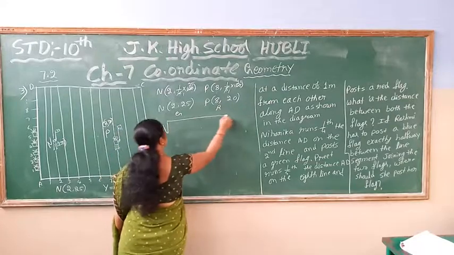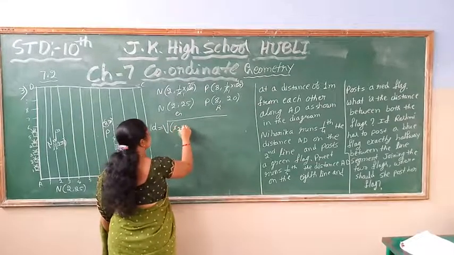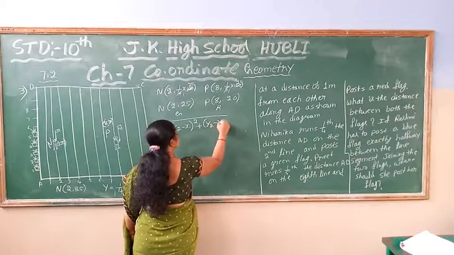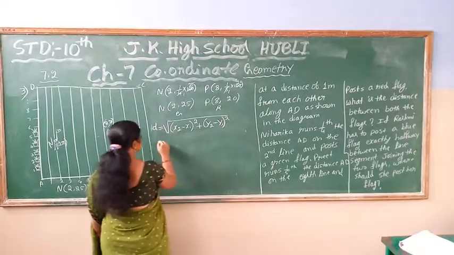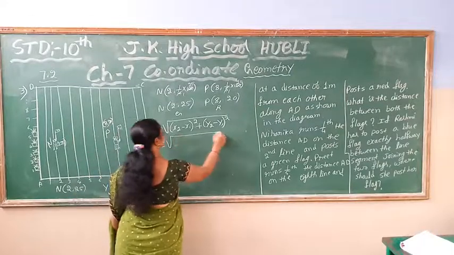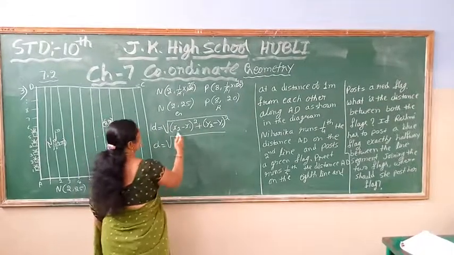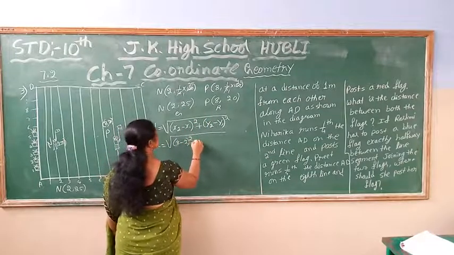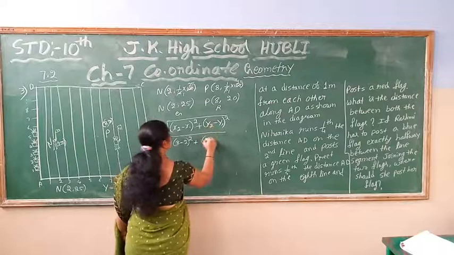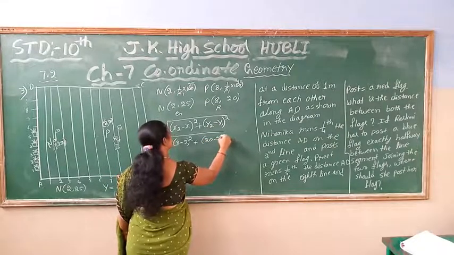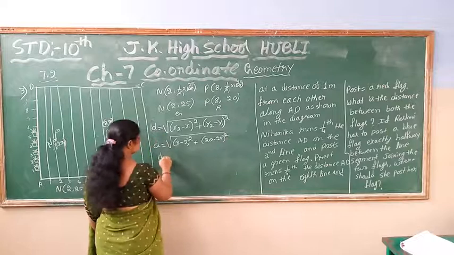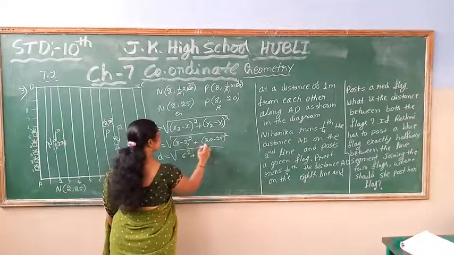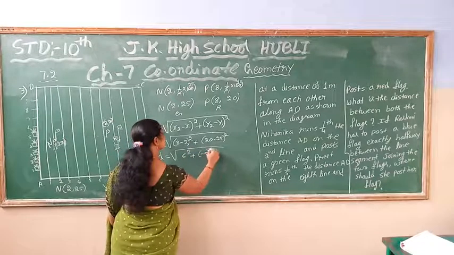By using the formula, square root of (x2 minus x1) whole square plus (y2 minus y1) whole square, the distance between these two flags is (8 minus 2) whole square plus (20 minus 25) whole square. 8 minus 2 is 6 squared, plus 20 minus 25 is minus 5 whole square.